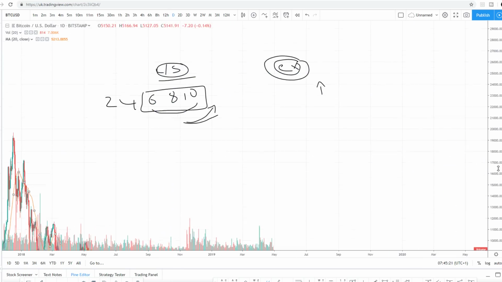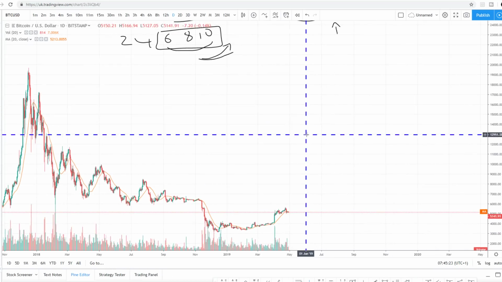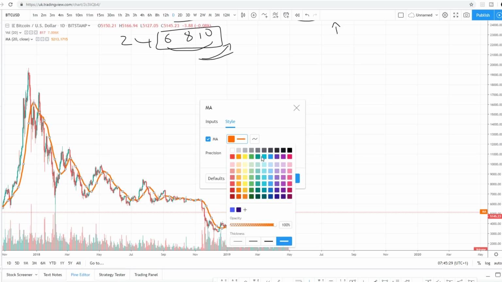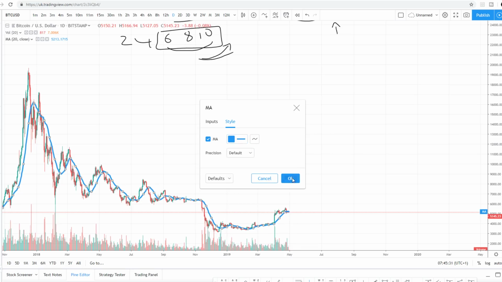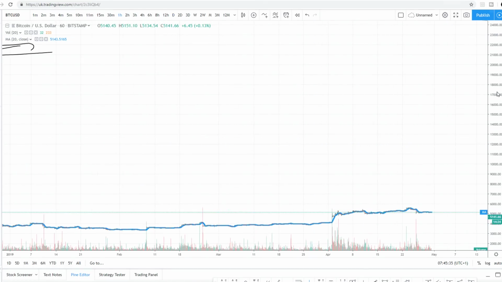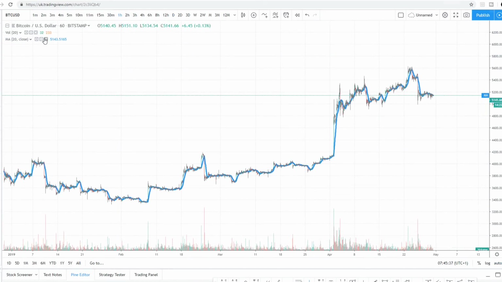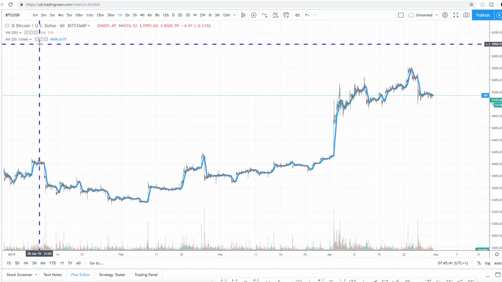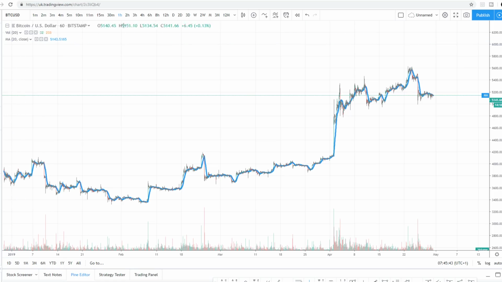The minute I change that, as you can see, it's on the Bitcoin chart here. Let's make that a little bit larger so everyone can see it. Let's make that in blue. Okay, good, perfect. The minute I change the time frame, this then becomes the 20-point moving average for the hourly time frame, i.e. the moving average linear for the last 20 hours.